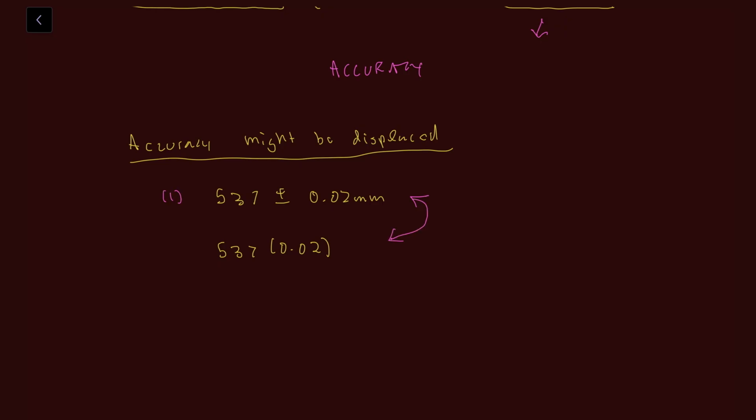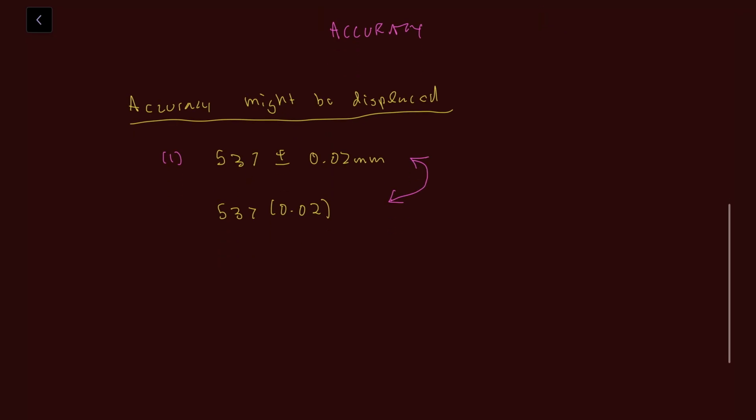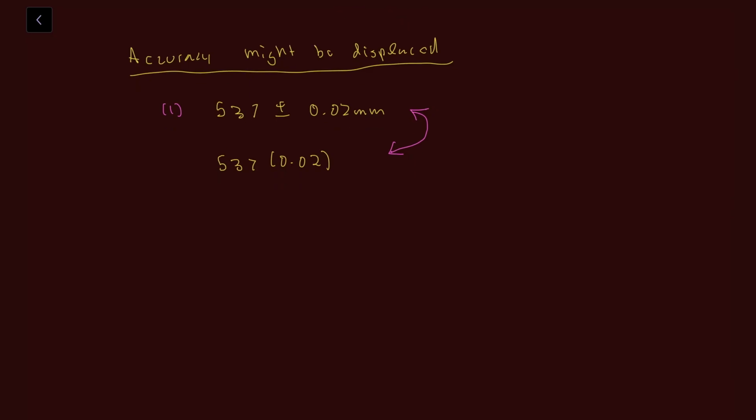I will say that method number one is more often used. What these tell you is that your true value is going to be within the range of 537 plus or minus 0.02. So that means it's within the range of 536.98 millimeters and 537.02 millimeters.